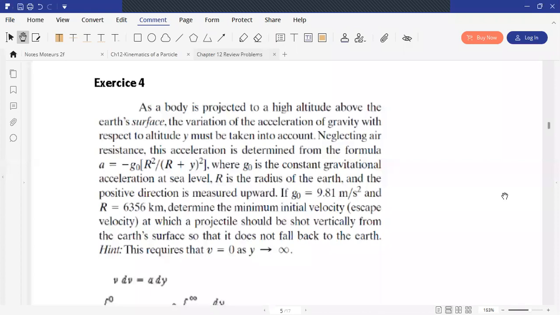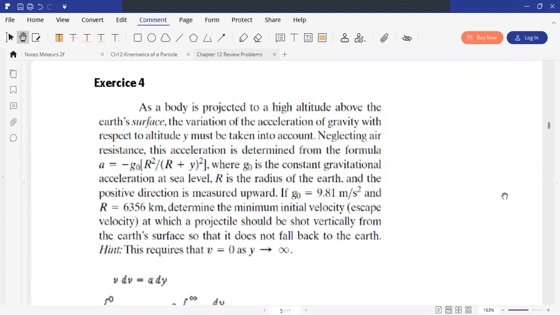Okay? What they did is they gave us acceleration as a function of position. And they want us to find what should be the minimum initial velocity so that the projectile will not come back to Earth. What does this mean? If the projectile will not come back to Earth, it will never reach a velocity of 0. Why?